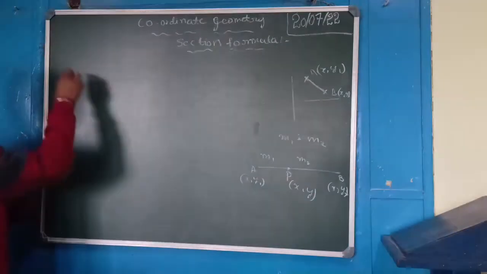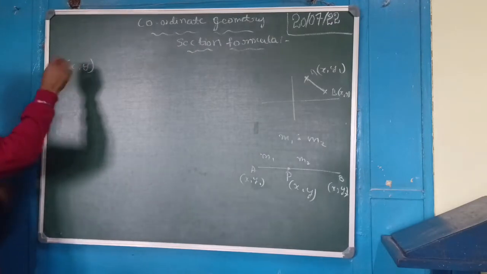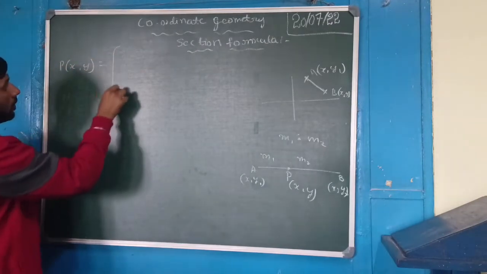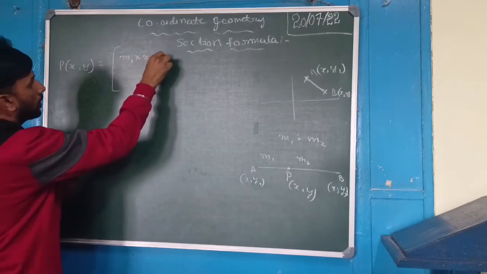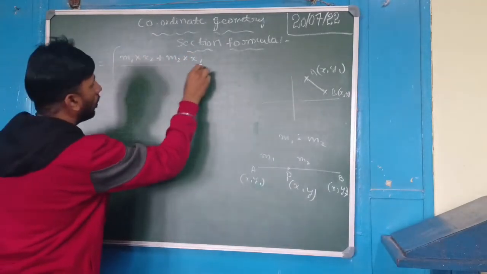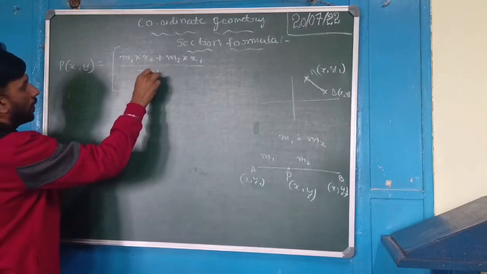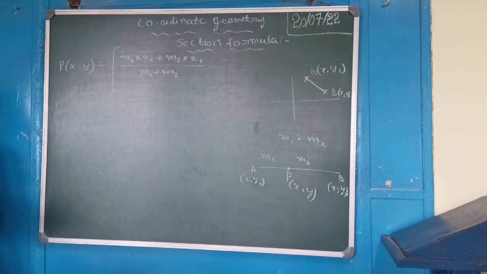Now what is that formula? P of x comma y, because that is what we need to find, equals m1 into x2 plus m2 into x1, whole divided by m1 plus m2. Now this is for the x value.